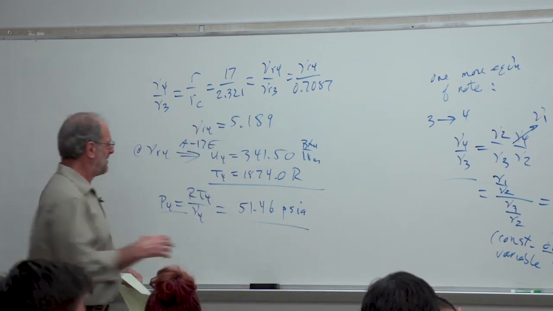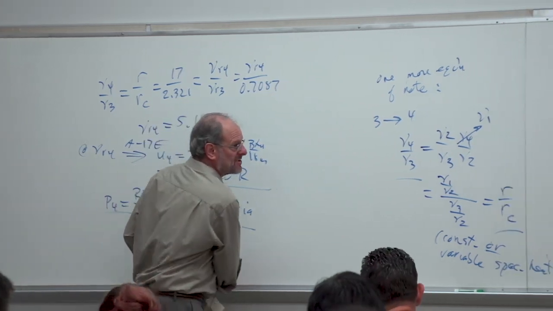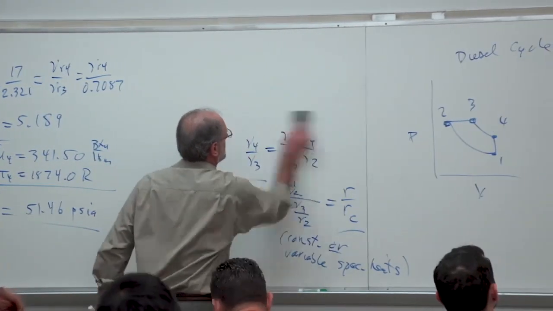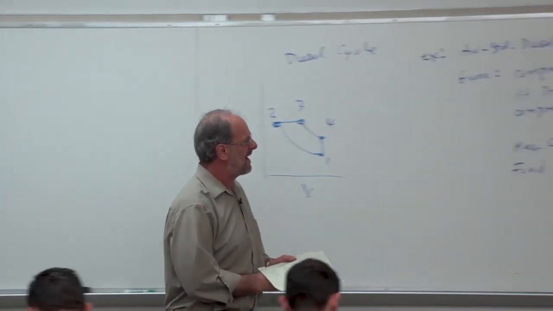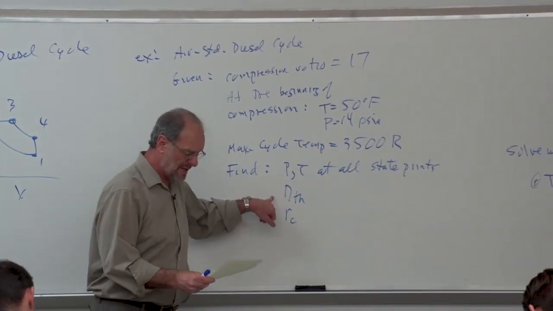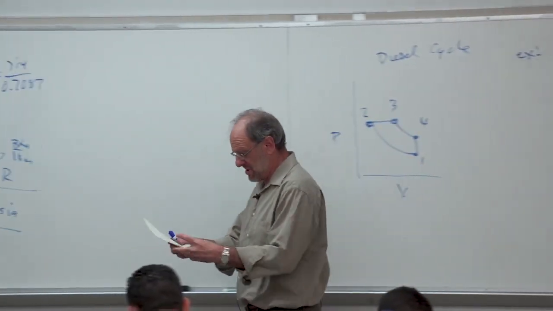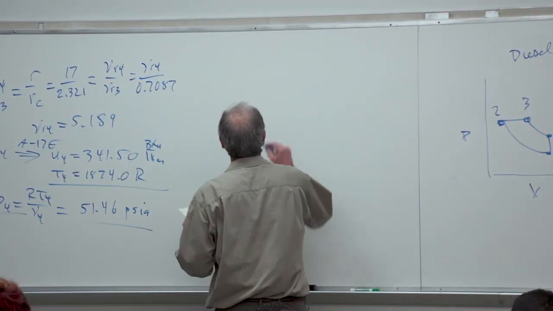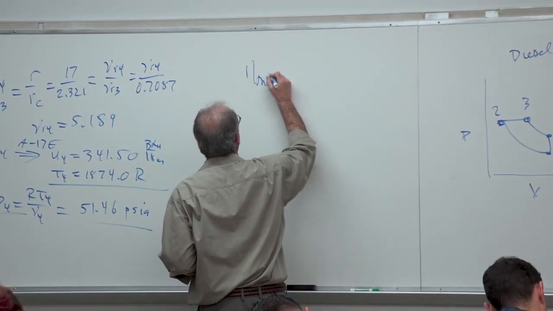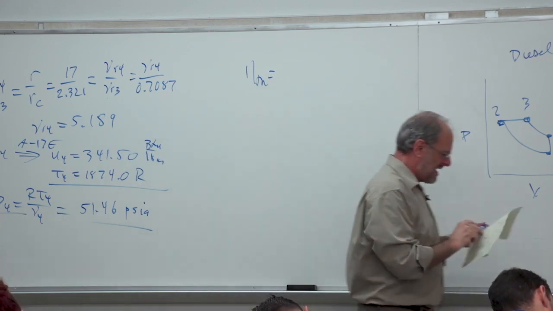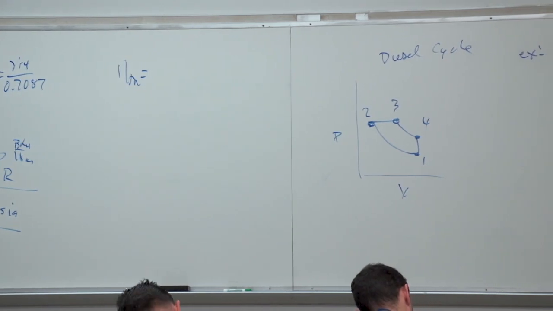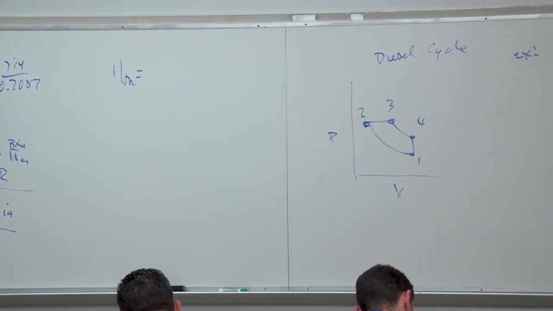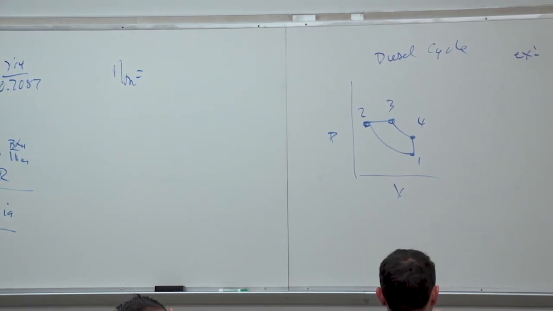So all we've done at this point is calculate the various thermodynamic states, but let's just finish the problem. We're trying to find the thermodynamic efficiency as well. So that's kind of the easy one. So here now, we could certainly just simply use the relationship that is already in your notes.